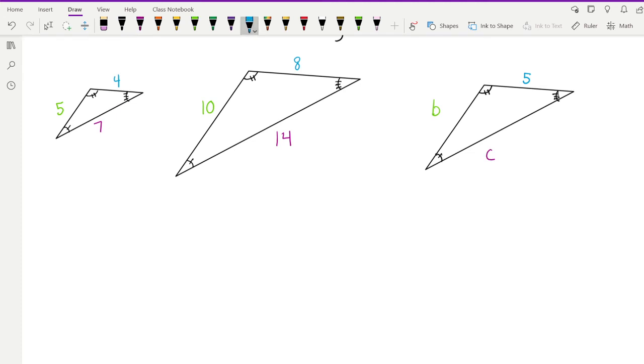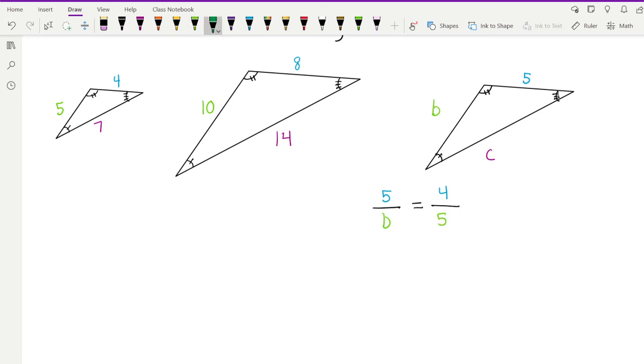Let's start by finding B. So we can say 5 over B is equal to, and then we do the corresponding sides in the other triangle, 4 over 5. And from here, we just have to solve this for B.